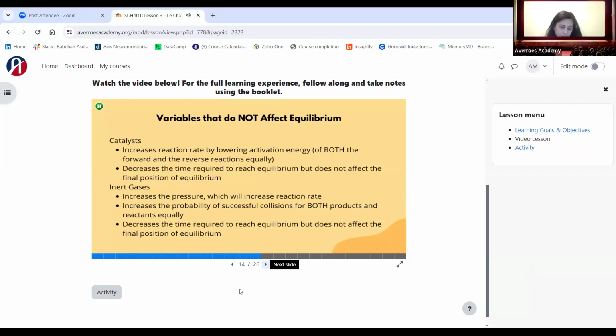So increased pressure will increase the reaction rate and the probability of successful collisions for both the products and the reactants equally. And so the presence of an inert gas changes that probability of successful collisions between the reactants and products equally. So it doesn't shift the equilibrium system at all.